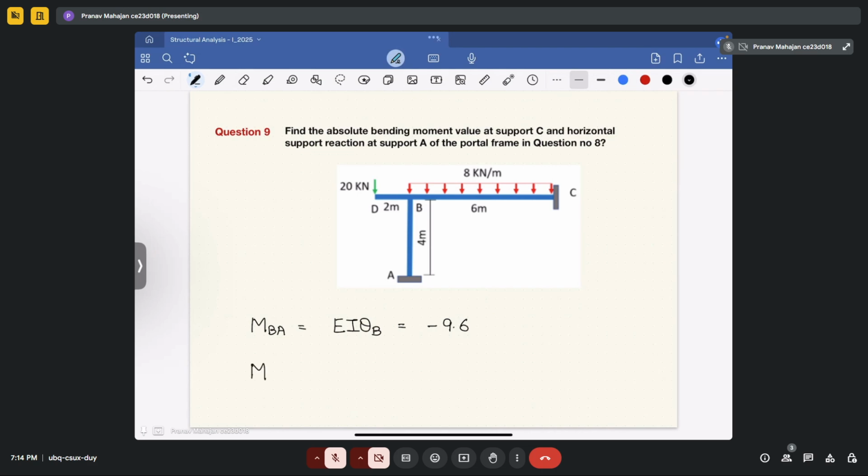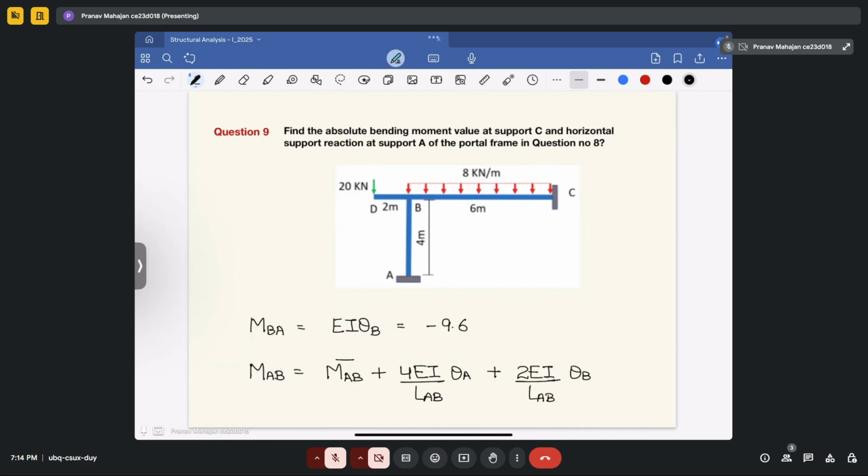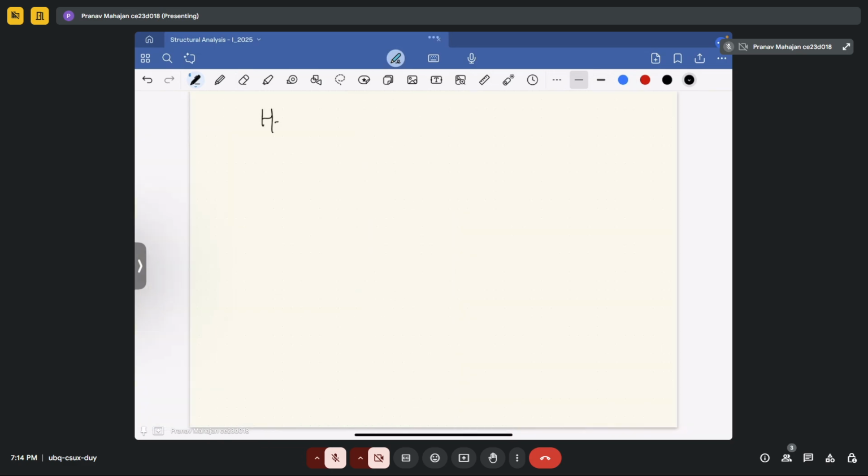Similarly, for AB, how will you calculate? Your MAB is equal to MAB bar plus 4 EI upon LAB into theta A plus twice EI upon LAB into theta B. Here your MAB bar is equal to 0.